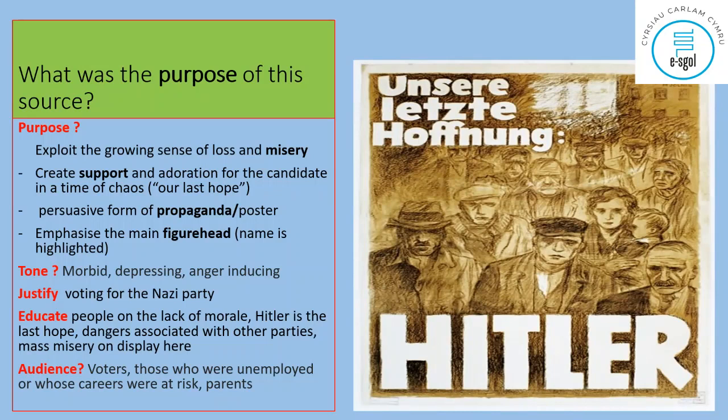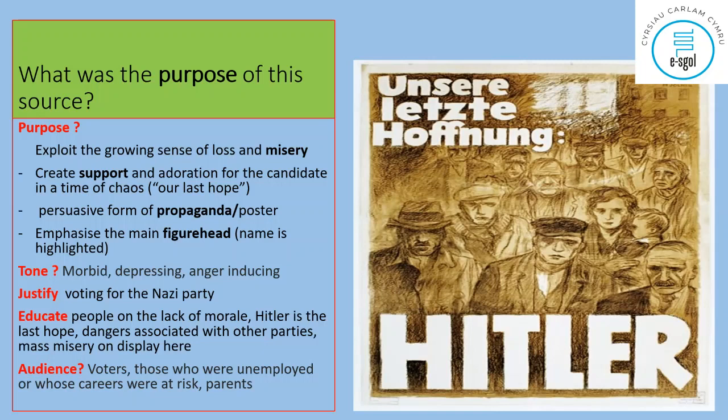Look at the tone, halfway down the grid. The tone, it's morbid, it's depressing, anger inducing. Maybe it's there to create an anger. Maybe it's produced to show a morbid part of life, that Germany is beyond repair, which is desperate without the support of Adolf Hitler.